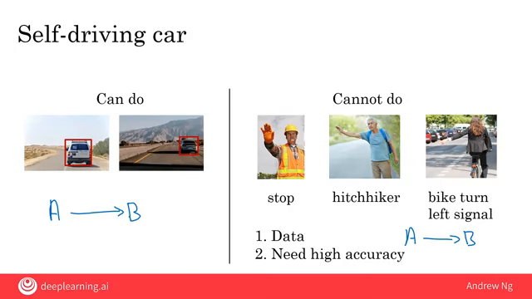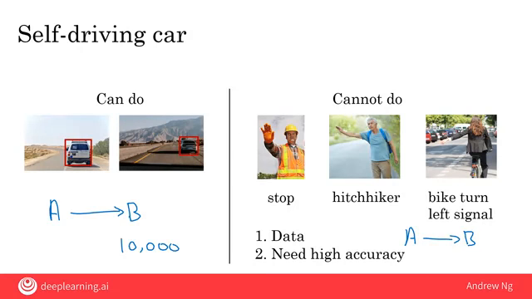And then second, because this is a safety critical application, you would want an AI that is extremely accurate in figuring out whether a construction worker wants you to stop or go. And that makes it harder for an AI system as well. So today, if you collect just, say, 10,000 pictures of other cars, many teams will be able to build an AI system that at least has a basic capability at detecting other cars.